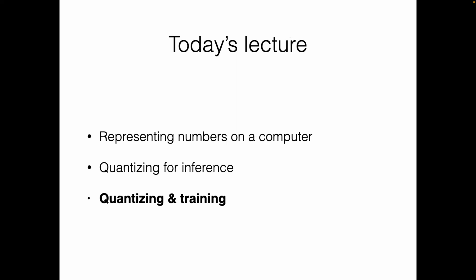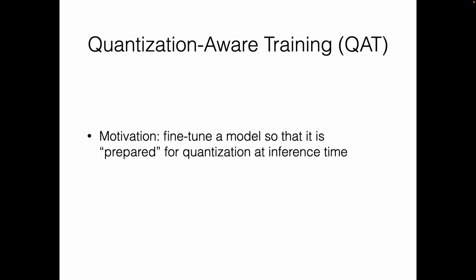Okay, so in the last part, I wanted to briefly talk about quantization and training. So here, there's this idea of quantization-aware training, or QAT. Everything is an acronym. And so the motivation here is, let's say you've pre-trained a model. Now you want to somehow fine-tune it so that it's kind of ready to be deployed as a quantized model.